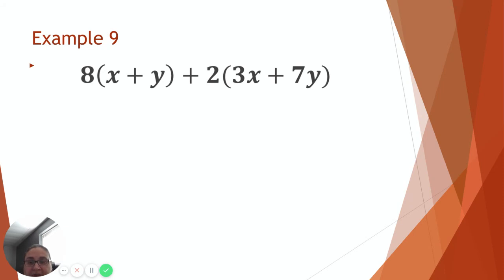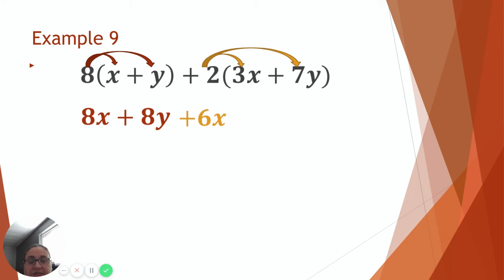Next example. This one is a bit different because I have x and y inside the parentheses, but we still do the same process. 8 times x is 8x. 8 times y is 8y. Then I do the second set of parentheses. 2 times 3x is 6x, and 2 times 7y is 14y.